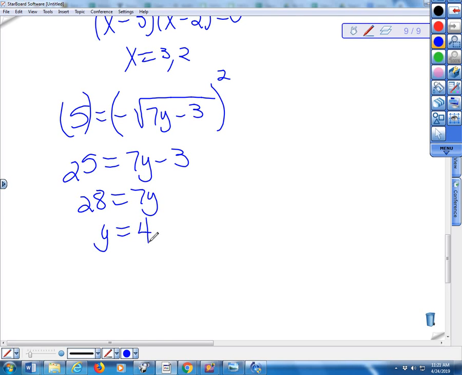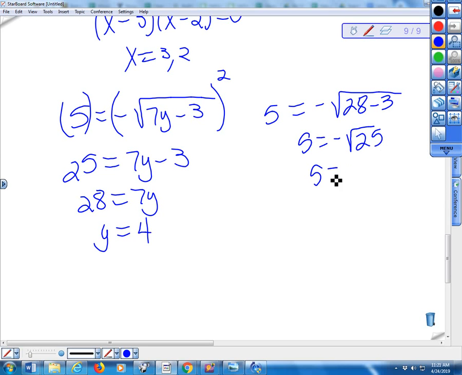So I have 5 equals negative square root of 7 times 4, which is 28, minus 3. 5 equals negative square root of 25. 5 equals negative 5. Doesn't work. So it's extraneous, there's no solution here.